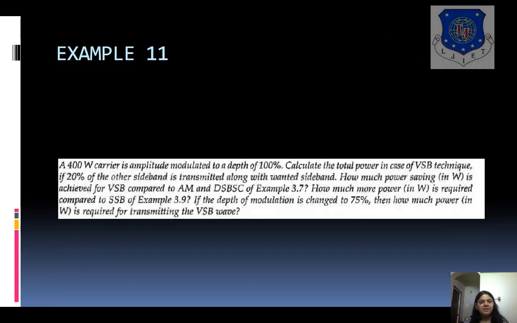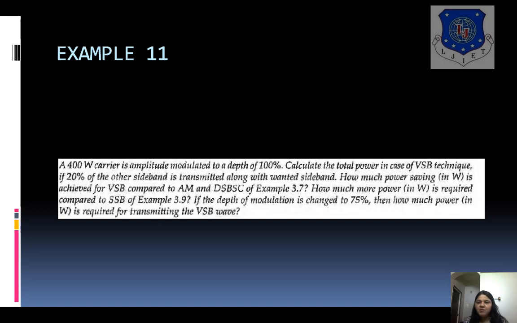Example number 11. A 400 watt carrier is amplitude modulated to a depth of 100%. Calculate the total power in case of the VSB technique. If 20% of the other sideband is transmitted along with the wanted sideband, how much power saving is achieved for VSB compared to AM and DSB-SC?